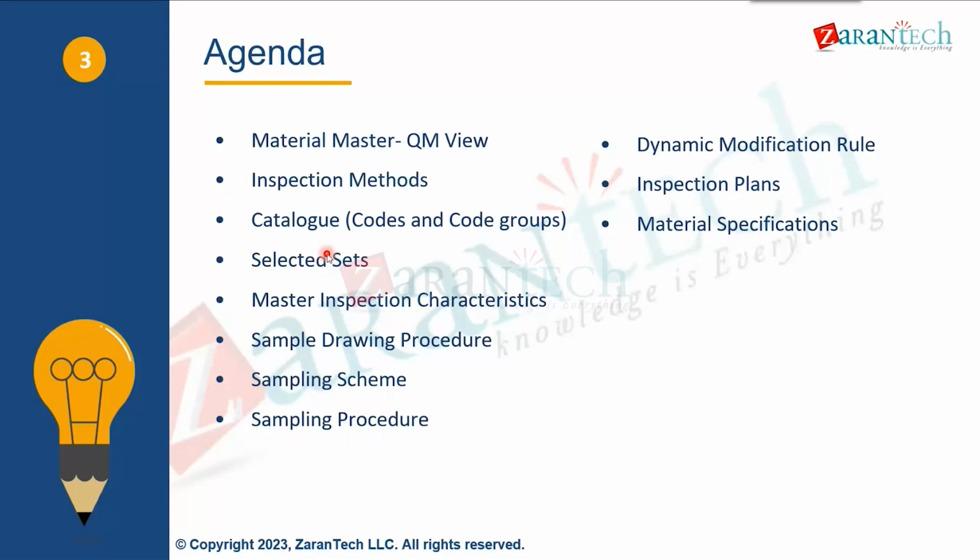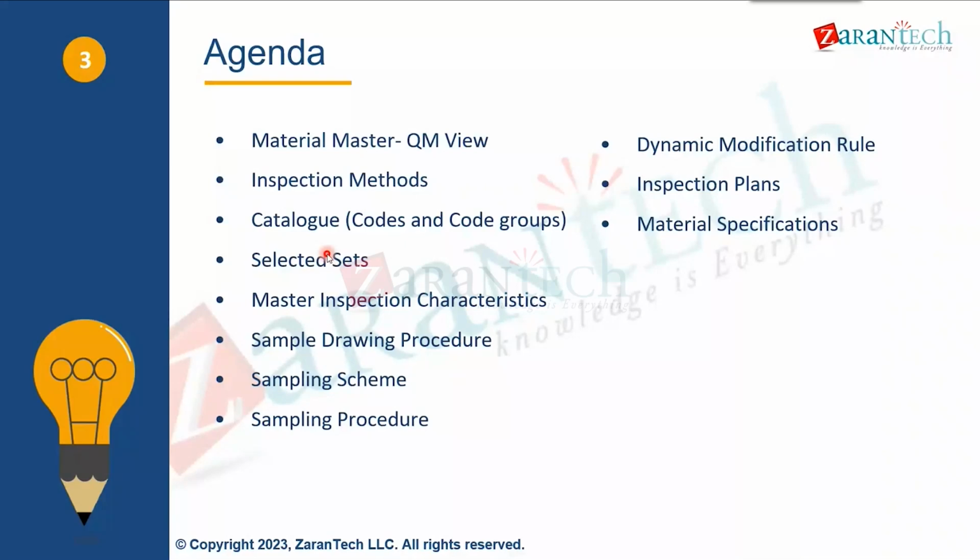One more important thing: there is no valuation in the code groups, but we have to maintain the valuation at the selected set level. Yes, that is the main difference. So the valuation criteria, whether it is accepted or rejected during results recording, based on selection of your codes, that information we provide for the selected sets.